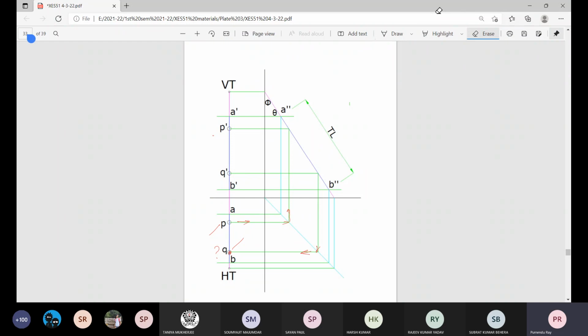So please go through these problem statements for 11C, that is corresponding to points P and Q, whose one plan is given. Find out the elevation for point P, and elevation is given for point Q. Find the corresponding plan.